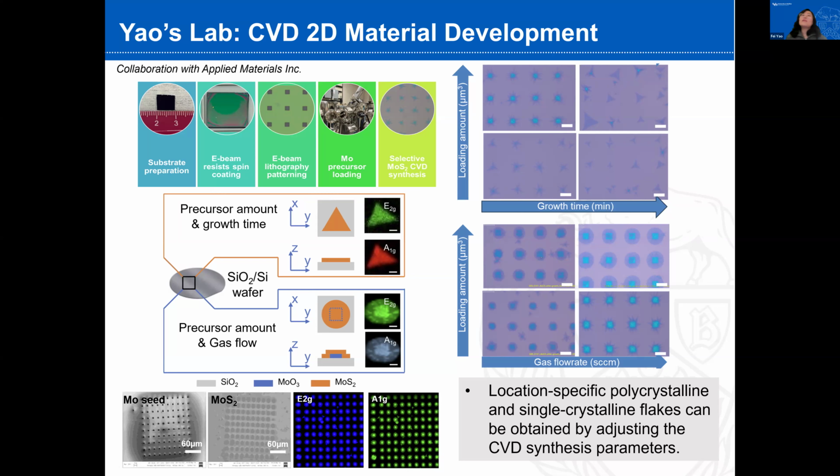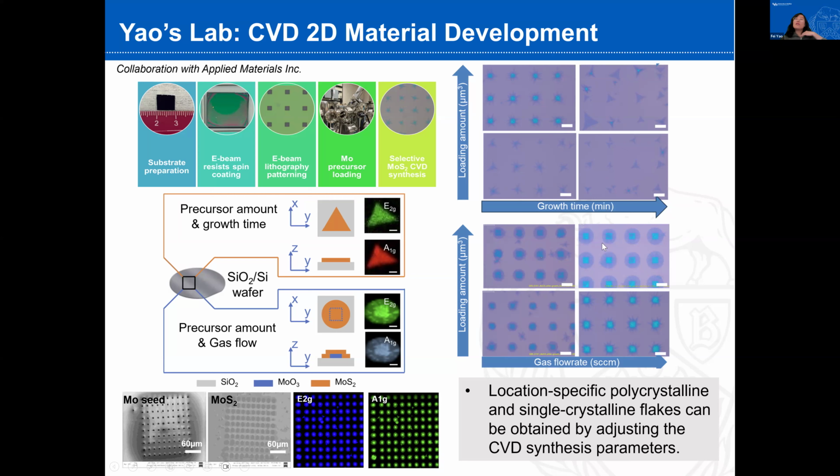Basically, we found that upon fine-tuning the CVD parameters, we can produce single crystalline concave triangles, but also round-shaped MoS2 flakes at the specific location.